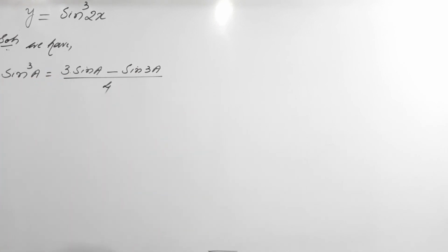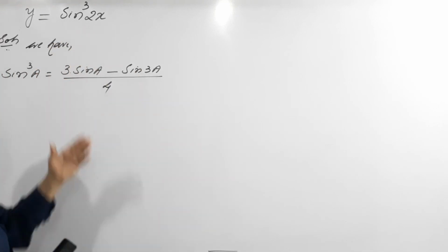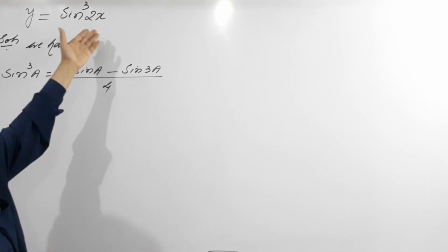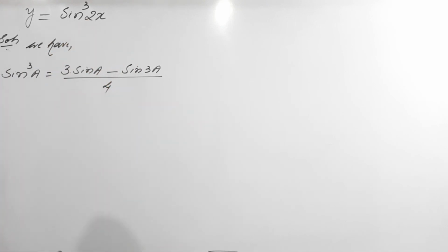This is the formula for sin cube a, but here we have sin cube 2x, so instead of a we can use 2x. So only I have shown you the formula. Now we will solve this problem. So what happens to y?